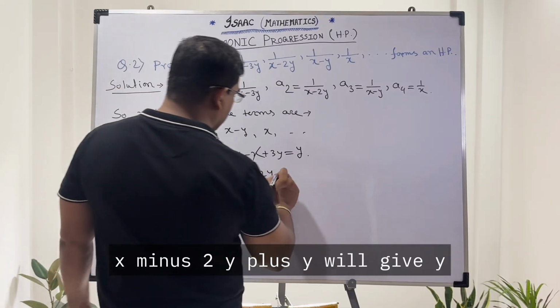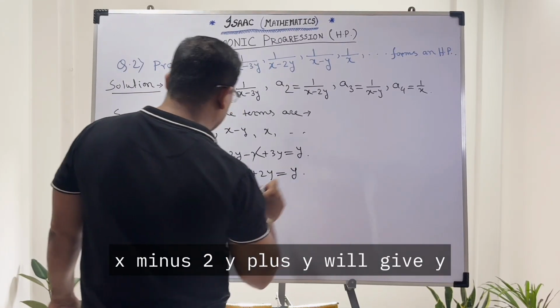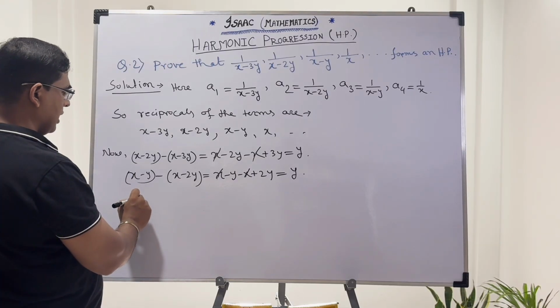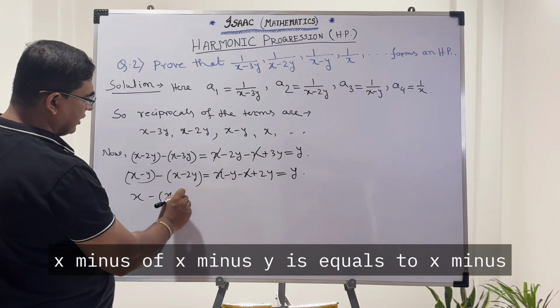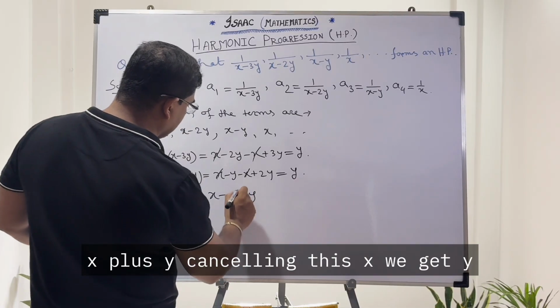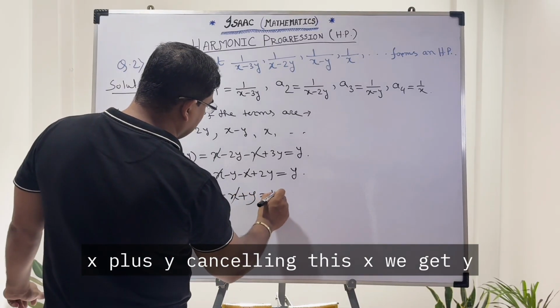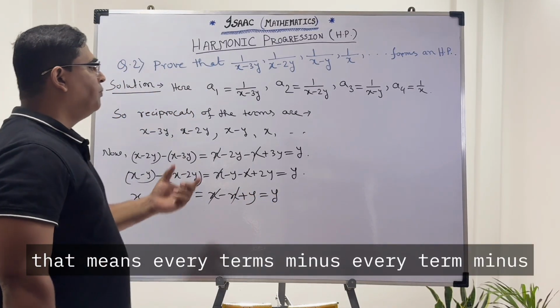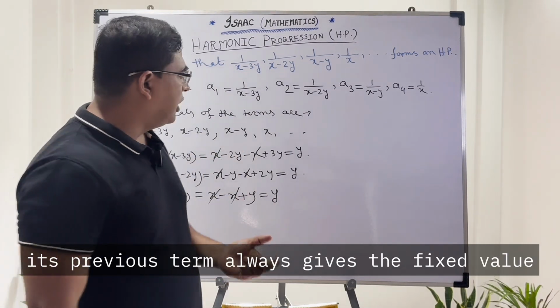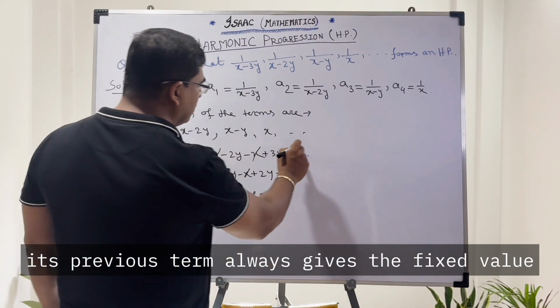Cancelling this x, minus y plus 2y will give y. x minus of x minus y is equals x minus x plus y. Cancelling this x, we get y. That means every term minus its previous term always gives the fixed value.